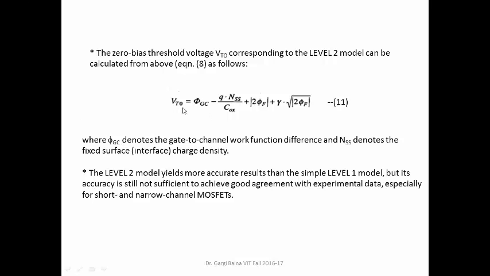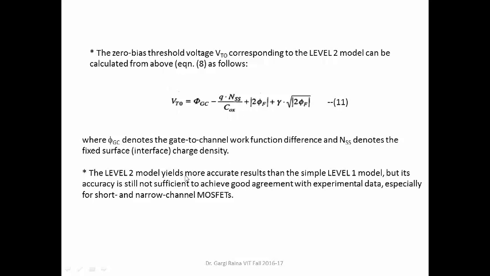VTO is equal to phi GC, where phi GC denotes the gate to channel work function difference, minus Q into NSS by Cox, where NSS is a fixed surface charge density. So it is used like a fitting parameter also sometimes.